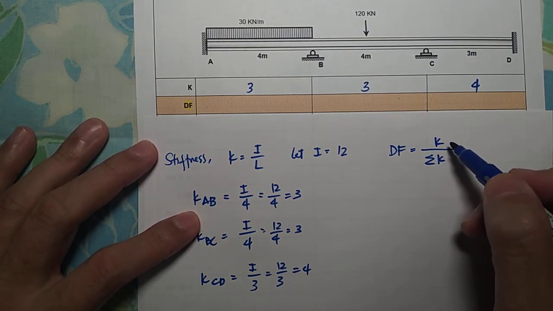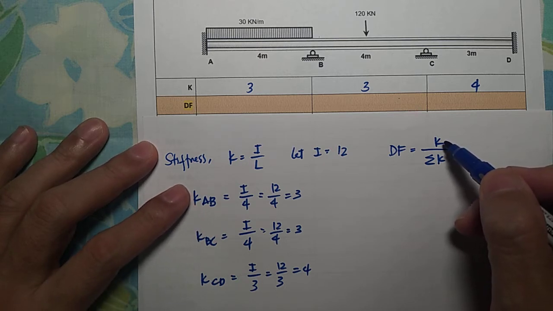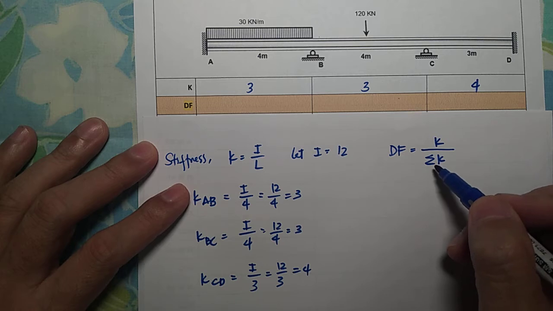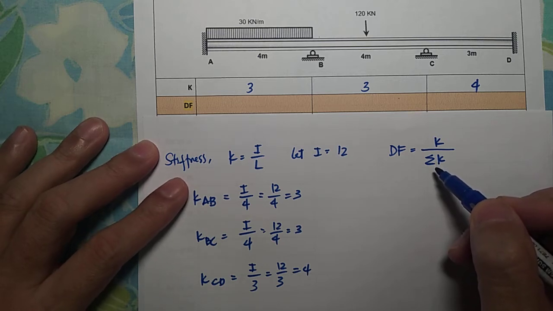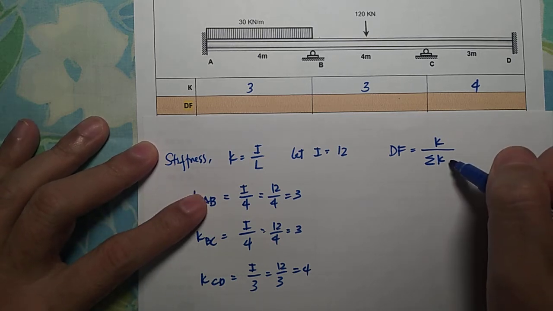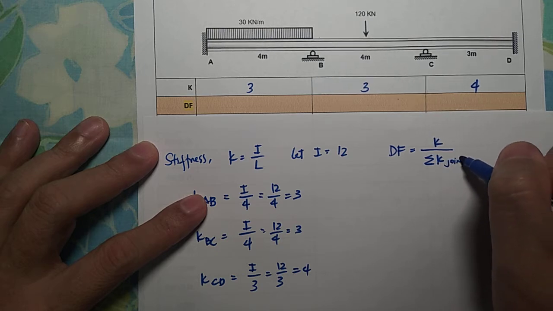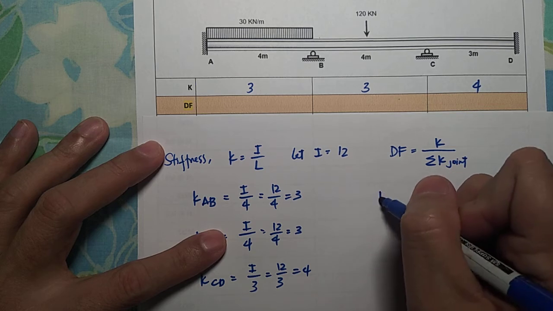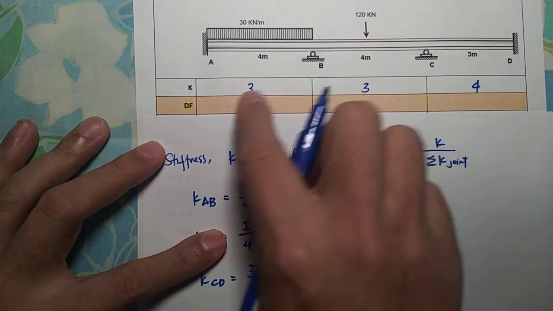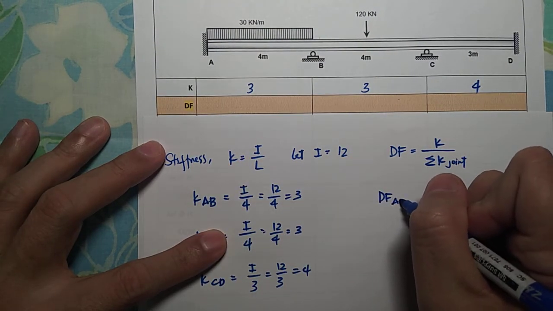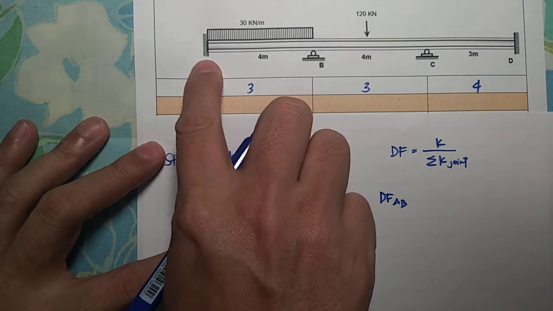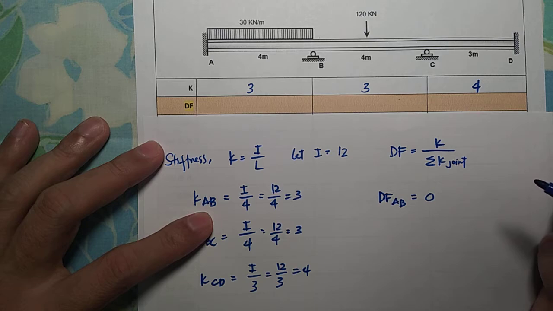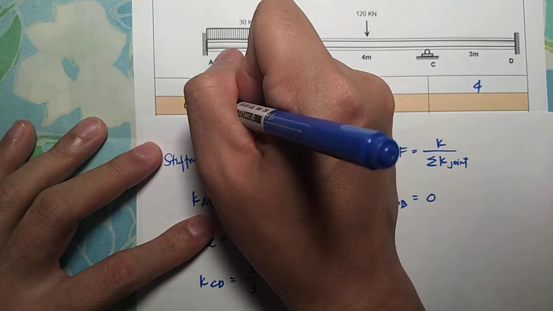So, what is the stiffness on AB? Since point A is a fixed support, the distribution factor there is always 0.